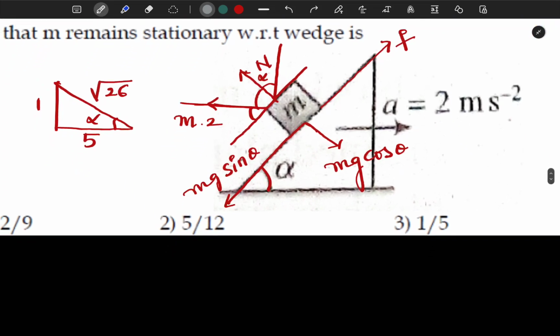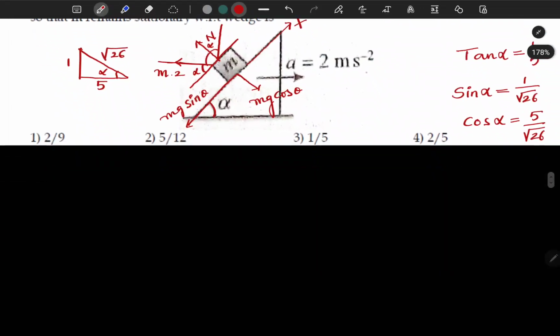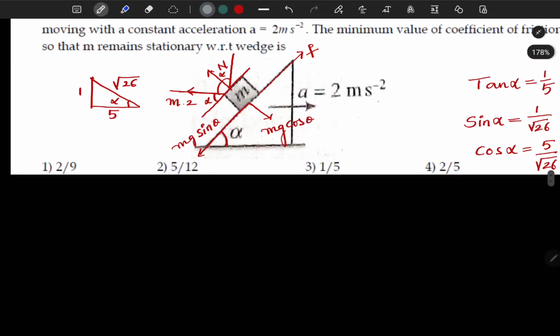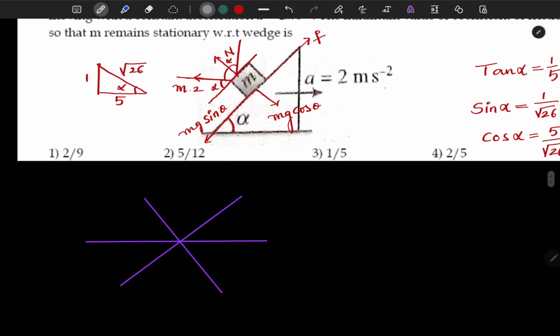Otherwise, we can make components of this m into 2. So I'm drawing the free body diagram actually. So here is a diagram. Let me mark the forces here. This is m a naught, which is m into 2. This is alpha.